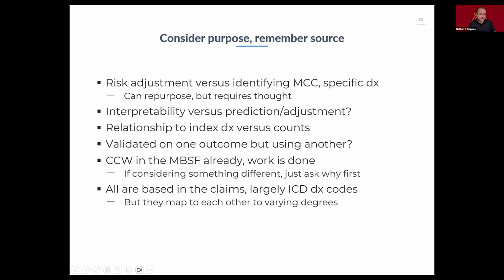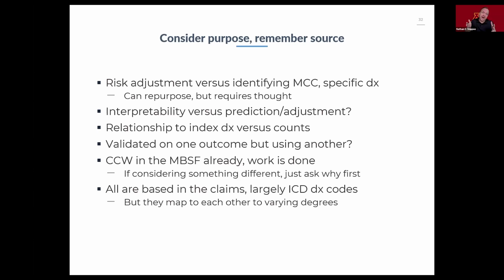The reason I say that is because, and this is my broader takeaway, all of these different approaches, whether we're talking about the VEP 100, the HCUP approach, the clinical classification software, the CCW flags, or hierarchical condition categories, any of that, they're not pulling from some outside source. They may be adding some constraints.